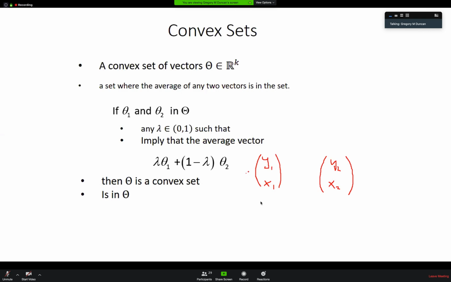So let's say I make it 0.3 plus, and this is going to be 0.7.